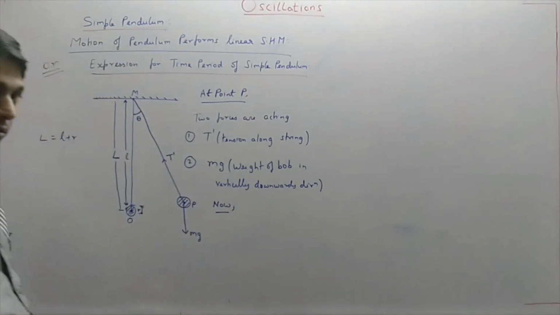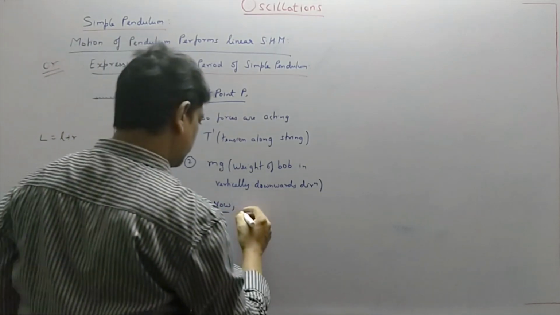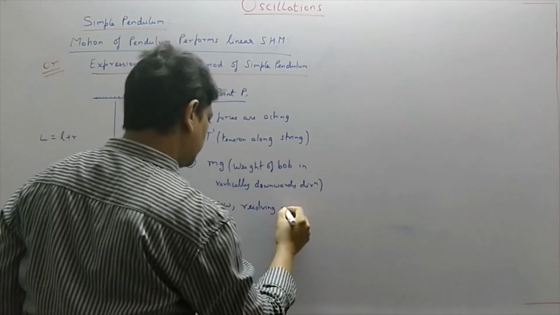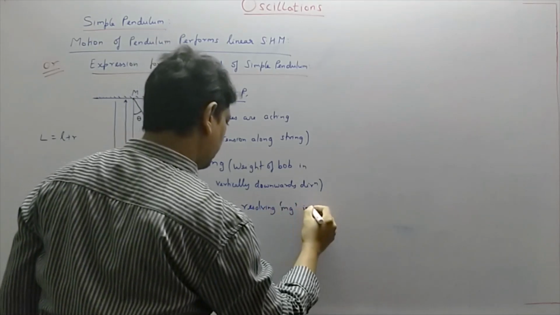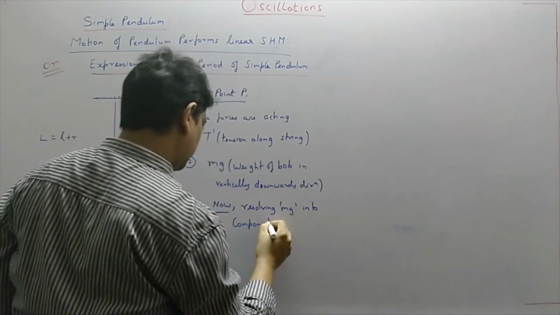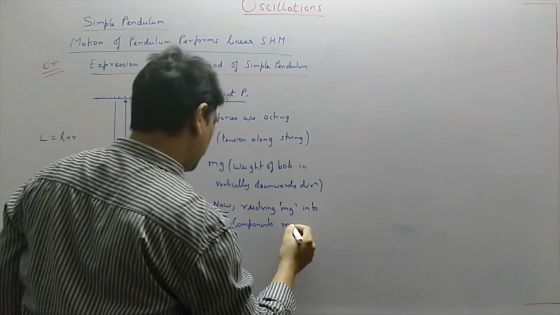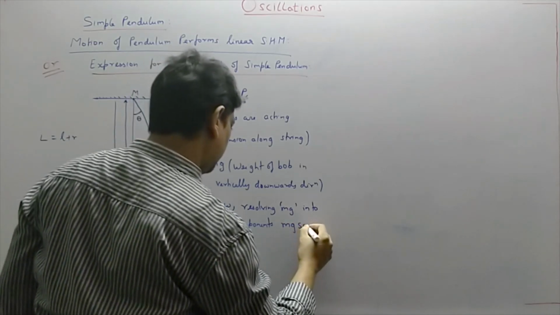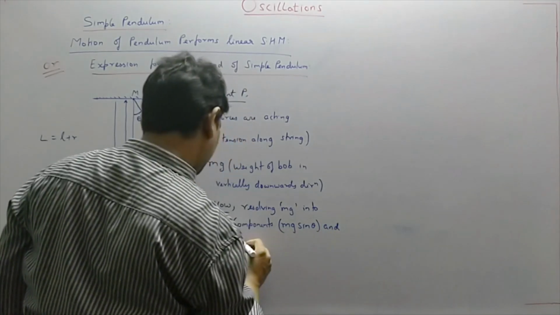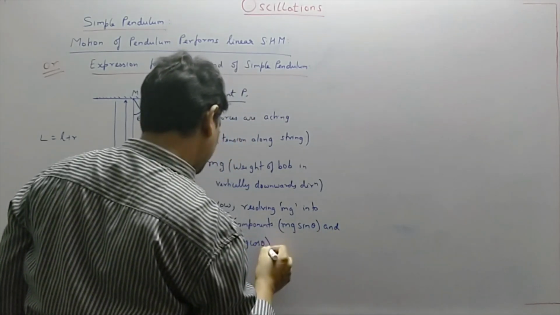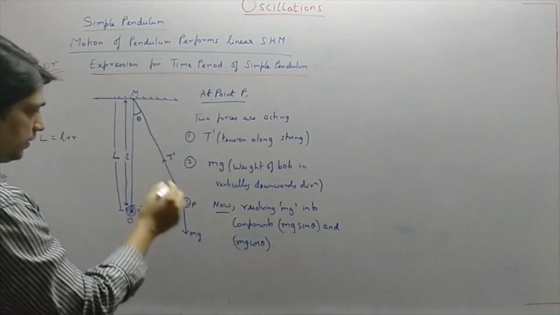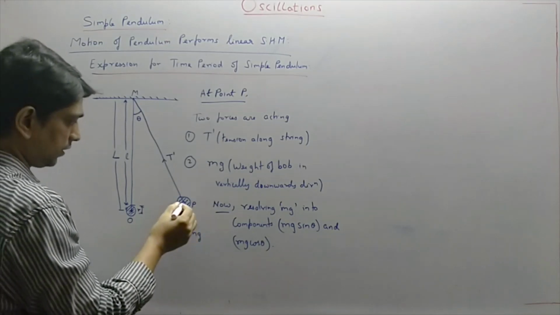Resolving mg into two components, mg sin theta and mg cos theta. How? Here mg is in the downward direction, and we take components of mg.